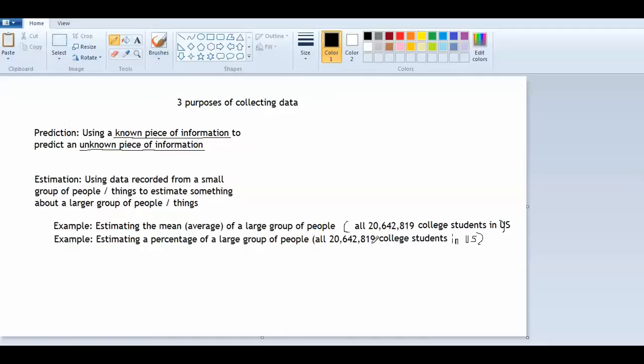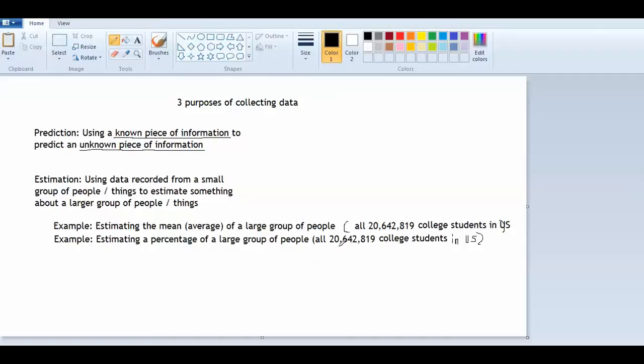So once again, maybe we'll recruit a smaller group of college students, such as maybe 1,000 college students, let's say, and ask them if they live with their parents. And let's say that out of our 1,000 volunteers, 50% say they live with their parents. So 500 out of our 1,000 volunteers say they live with their parents.